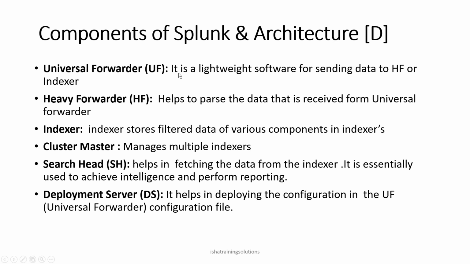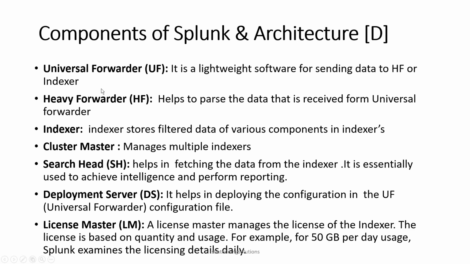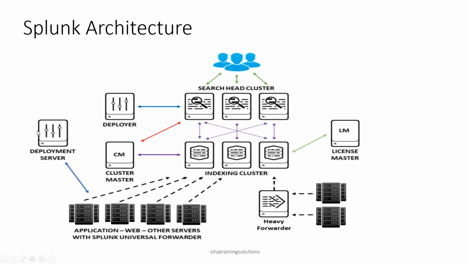Universal forwarder is an agent which we install on the source system from where we want to fetch the logs. There are two types of forwarders: one is the universal forwarder and the other is the heavy forwarder. The universal forwarder gets the data from the source systems.